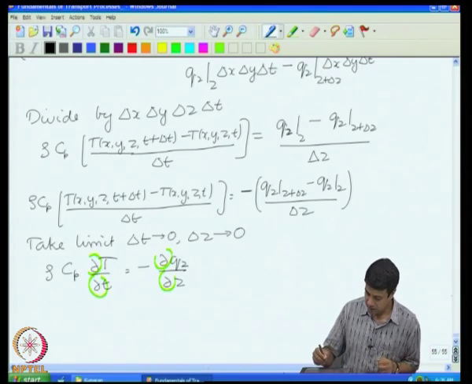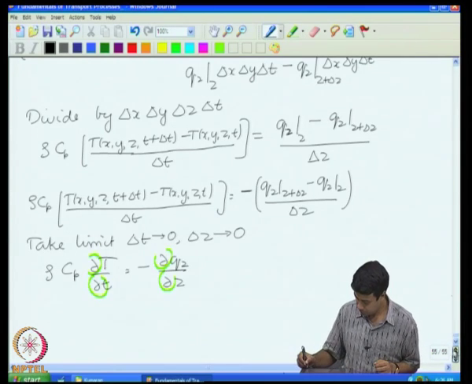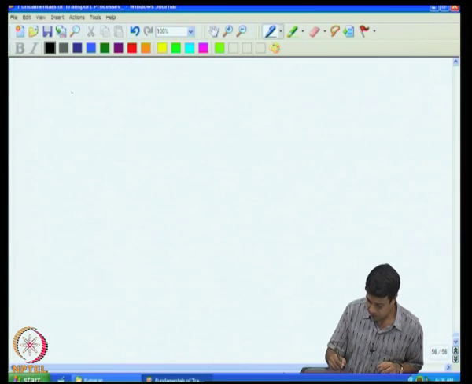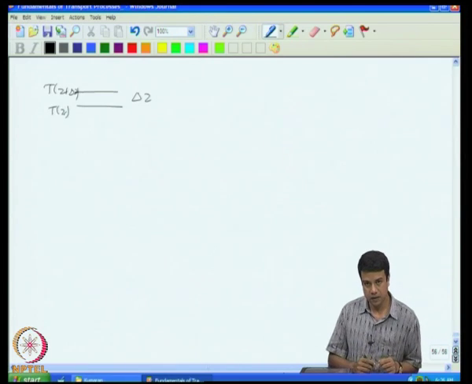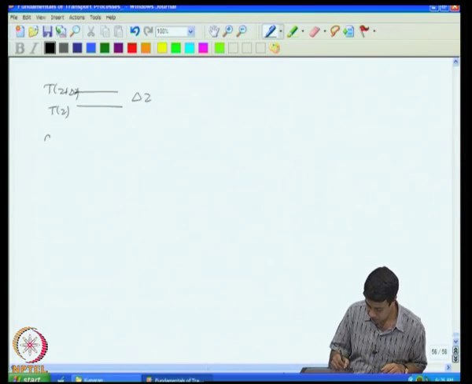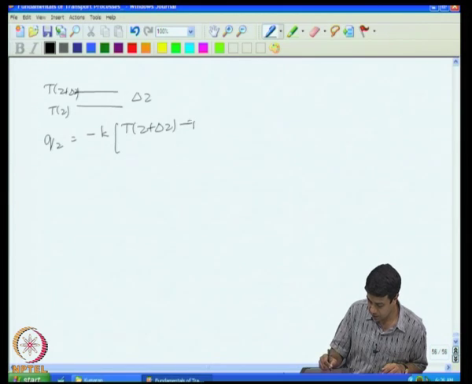So, if I have two surfaces separated by a distance delta z, this is t at z plus delta z and this is t at z. The flux in the z direction is equal to minus k into t at z plus delta z minus t at z, by delta z.